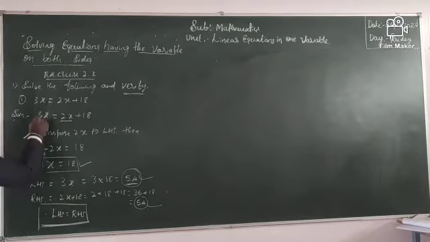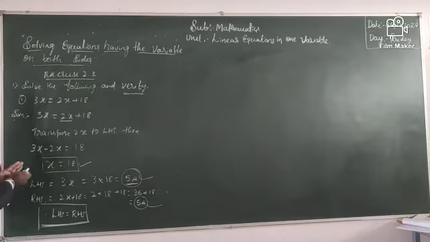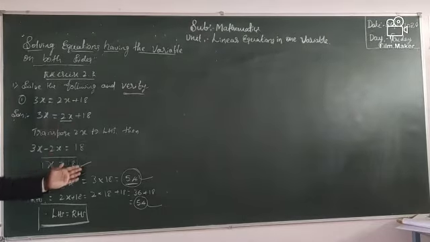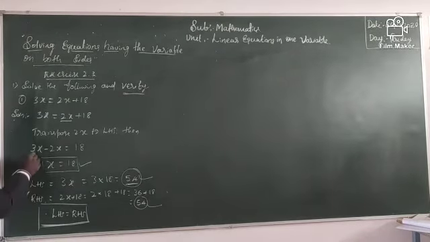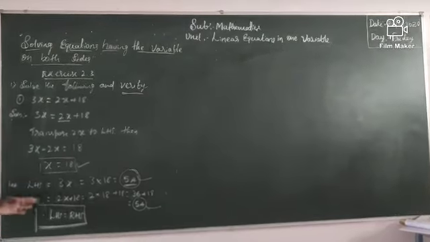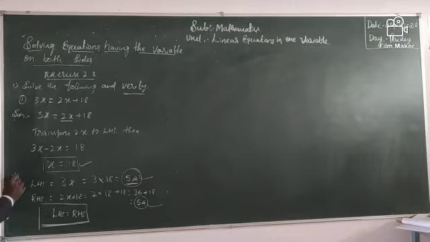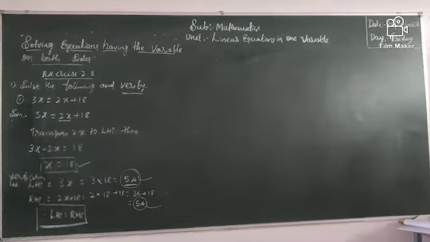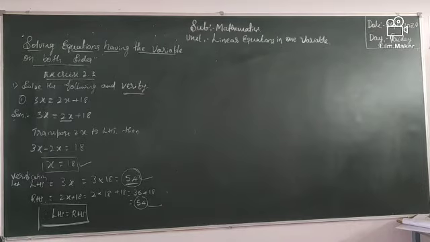Here this 2x we bring to the left side. So 3x minus 2x equal to, and 18 remaining, we have to write 18. Therefore 3x minus 2x equals x, which is equal to 18. And then again we verify. If you want, write here verification. Children, this is what our answer is.